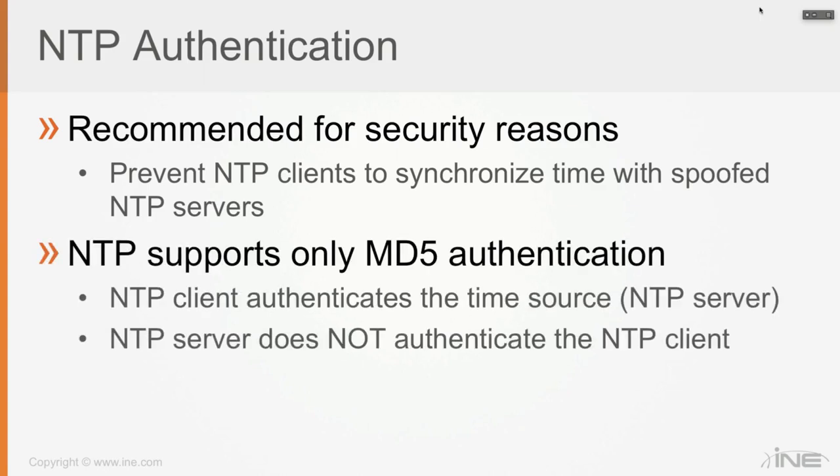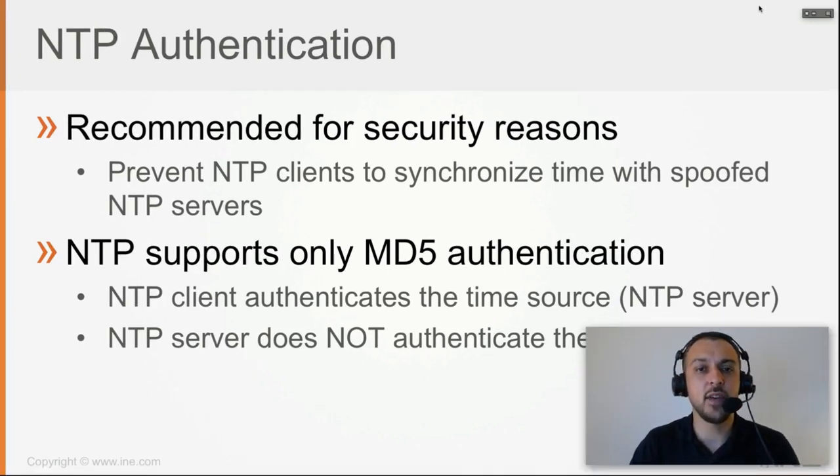Now NTP supports only MD5 authentication. You might ask, why is that? Because MD5 has a lot of collision attacks, a lot of flaws in there. It's not as secure as SHA is. Correct. But on highly secure networks, those companies are not running NTP, but are running PTP, Precision Time Protocol, which is a better version of NTP.